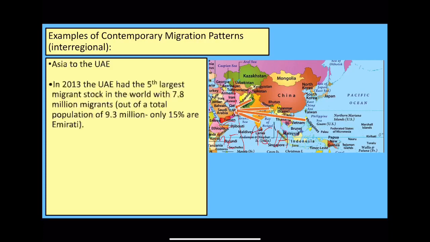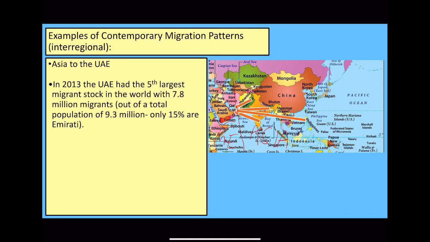Okay, so we've got these arrows showing where people are moving from, going to the UAE, which is where the city of Dubai is found. So they're moving in from places like Pakistan, India, Bangladesh, and the Philippines. Back in 2013, the UAE had the 5th largest stock of migrants in the world, with 7.8 million migrants out of a total population of 9.3 million.